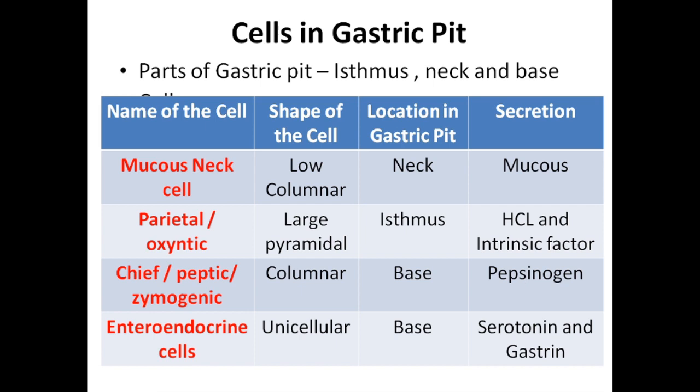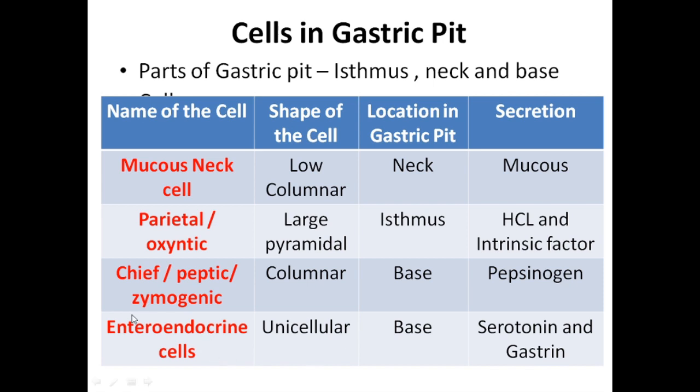So that is about the three major cells in the gastric pit: the mucous neck cells, parietal or the oxyntic cells, and chief or peptic or the zymogenic cells, and their shape, location in the gastric pit, and the secretion. Apart from that, in the entire GIT, we will find a group of cells called the enteroendocrine cells, which function as part of the immune system as well as secreting various hormones.